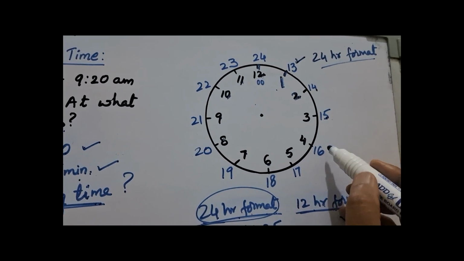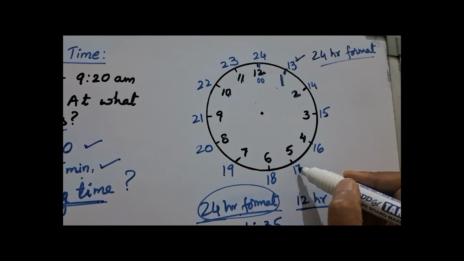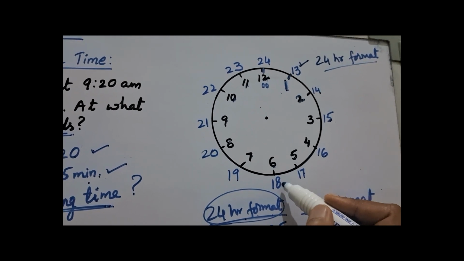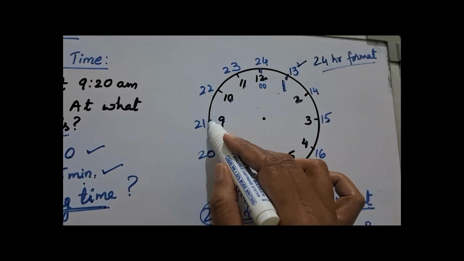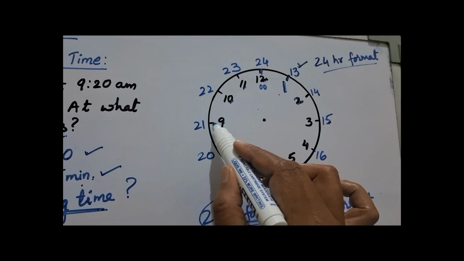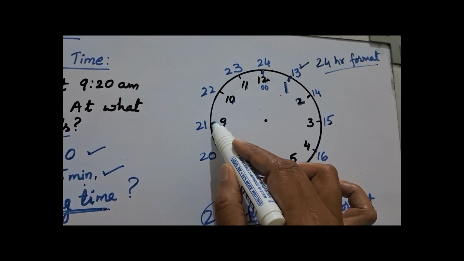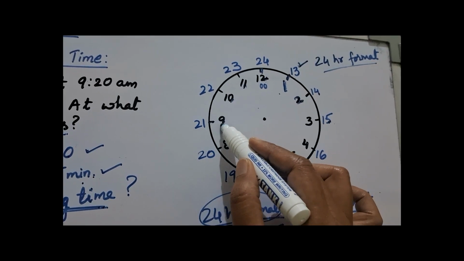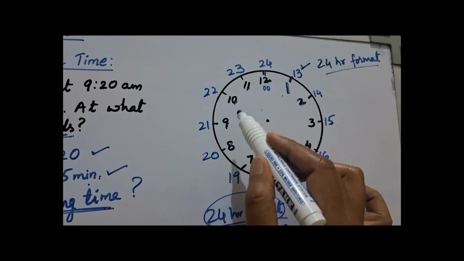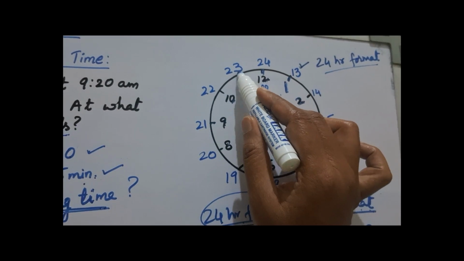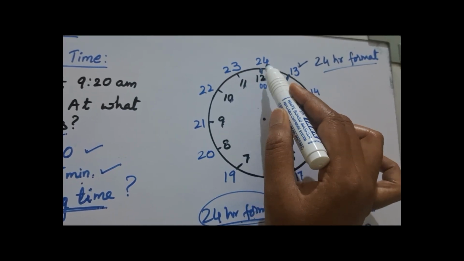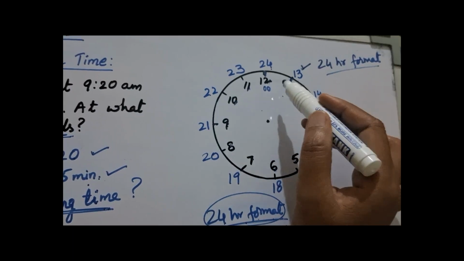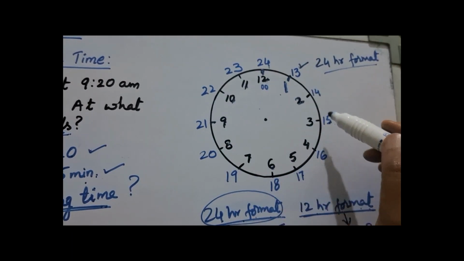Now 16 hours, 17 hours, 18 hours, 19 hours, 20 hours, 21 hours. So what is 21 hours, children? 21 hours means night 9 o'clock. Now 22 hours, 23 hours, now 24 hours. 24 hours is again midnight. This is the 24-hour format, children.